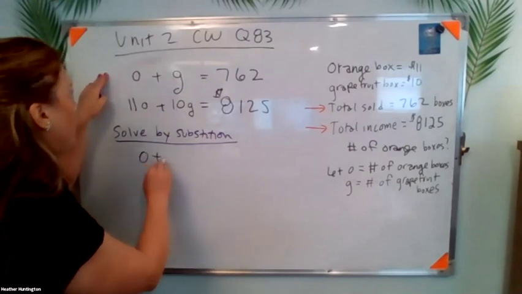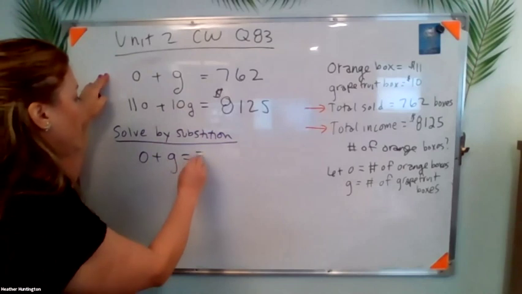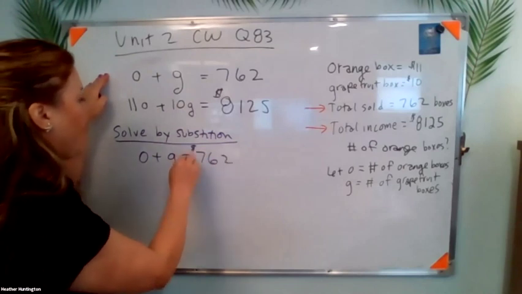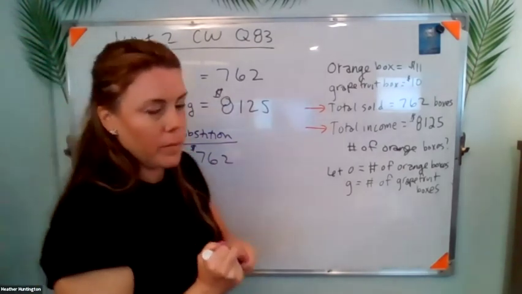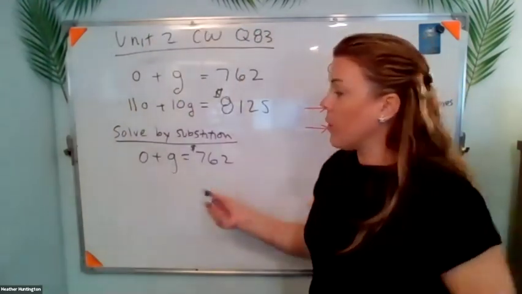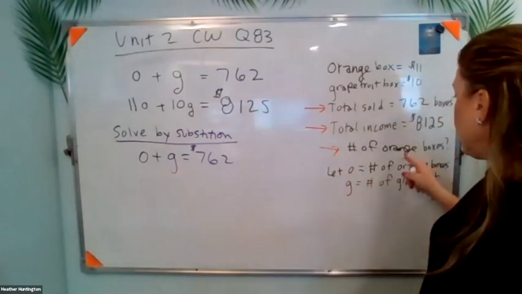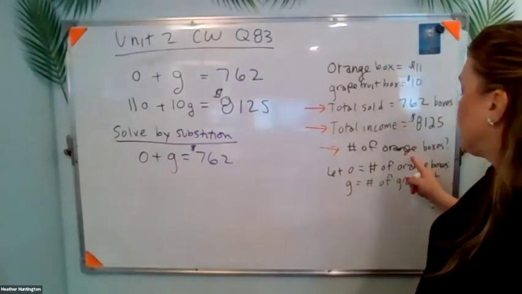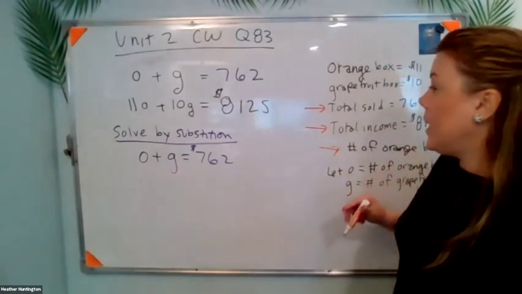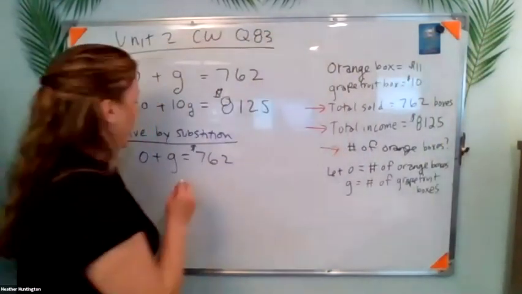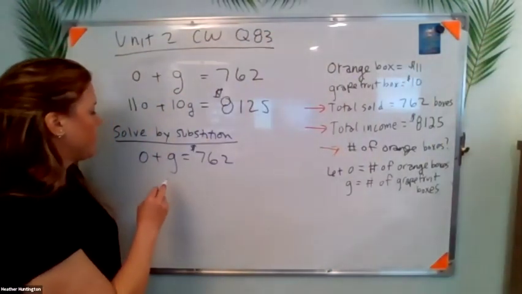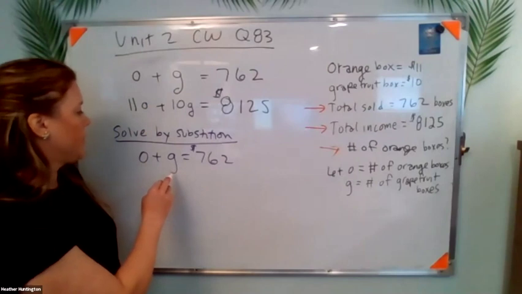So we've got O plus G equals 762. Again, in the interest of time, you can solve for O or G here. If I need to find the number of orange boxes, then I'm going to solve for G.